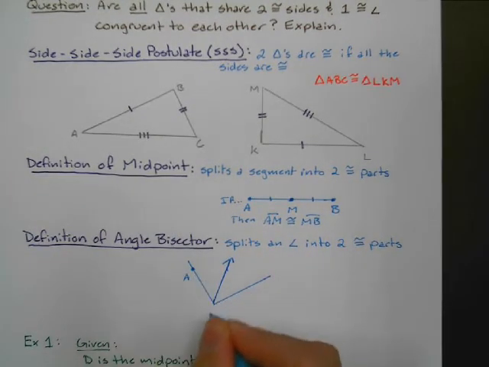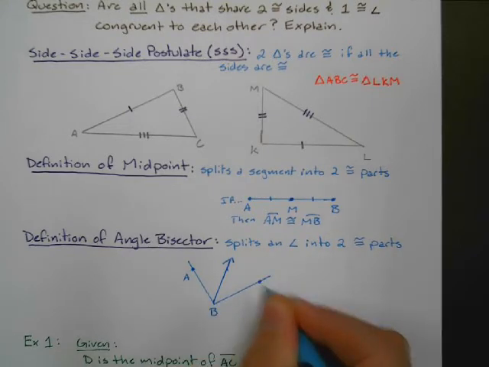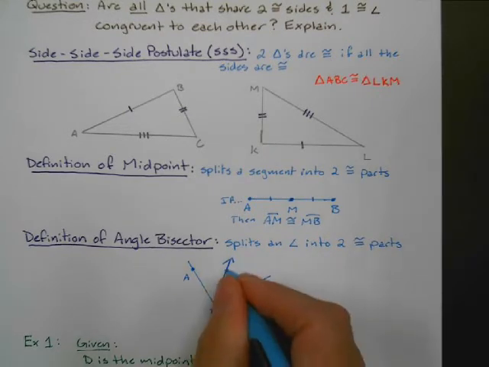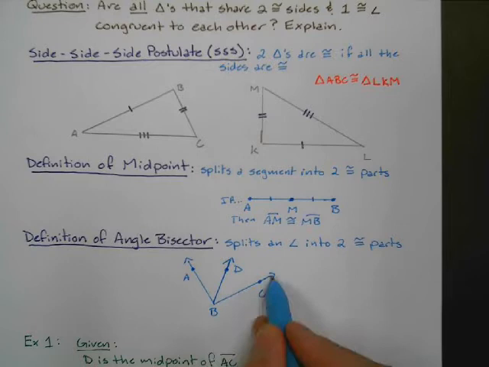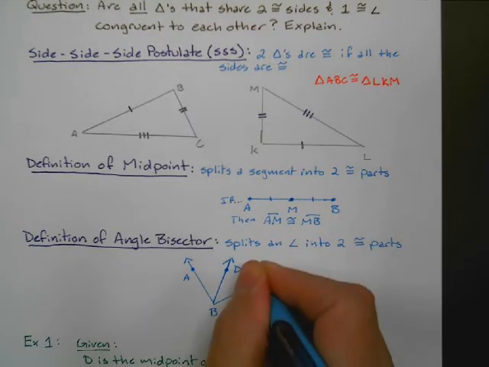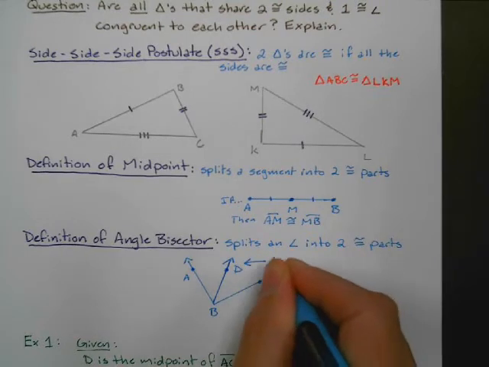So here's ABC. And then this ray here is going to be BD. So here's ABC, and I'm going to say that this ray right here is the angle bisector.